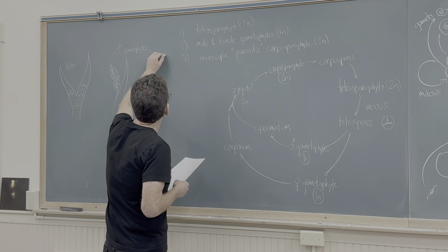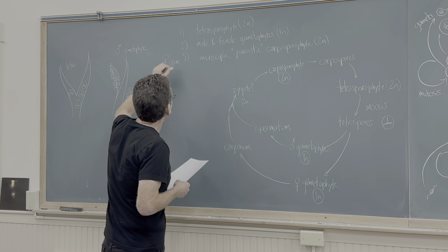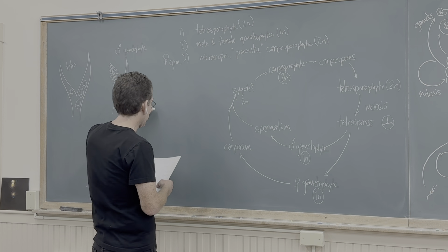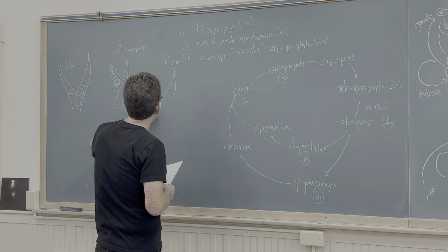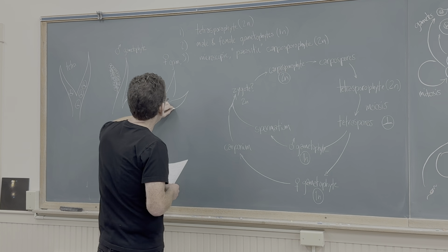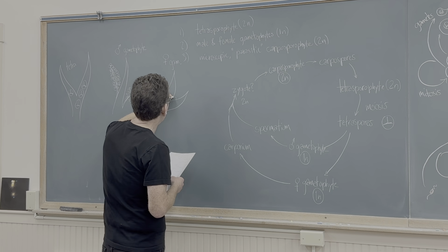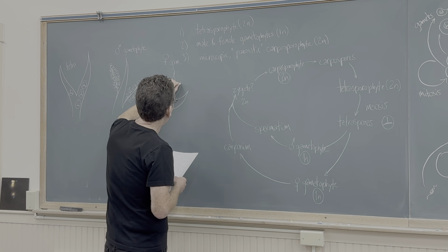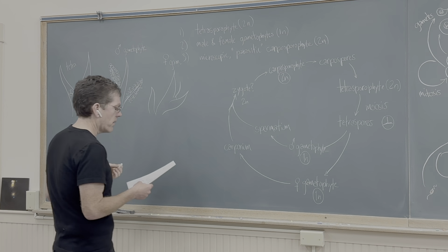In the female gametophyte, amongst the various branches, the carpogonium has a little antenna.